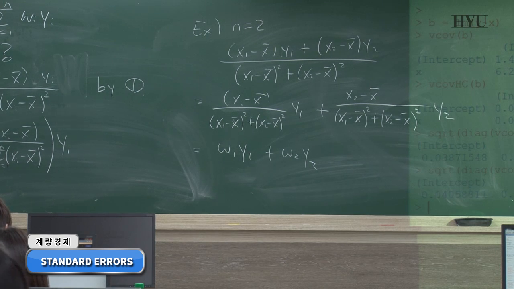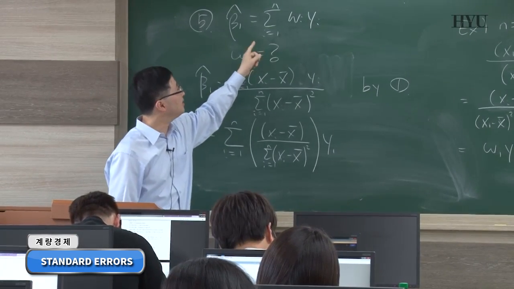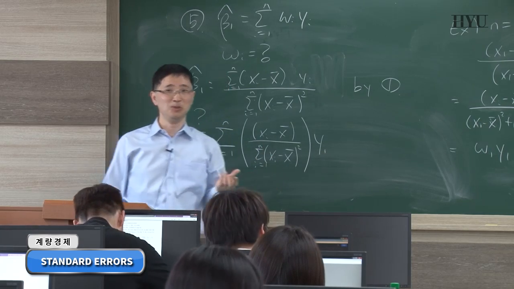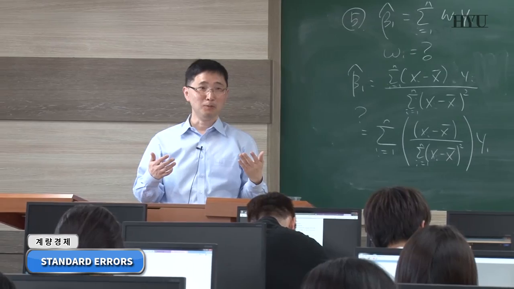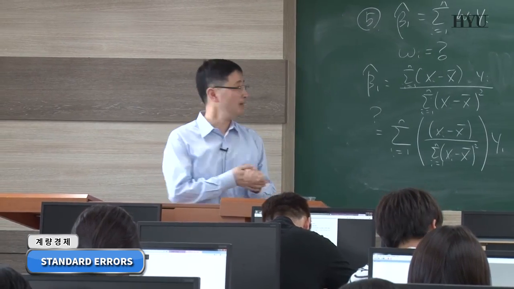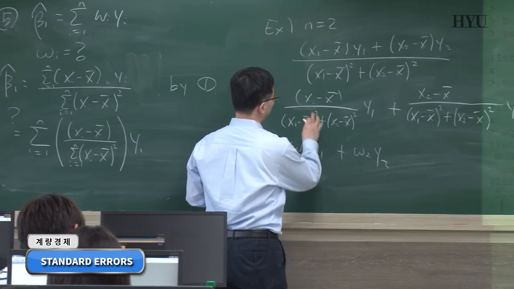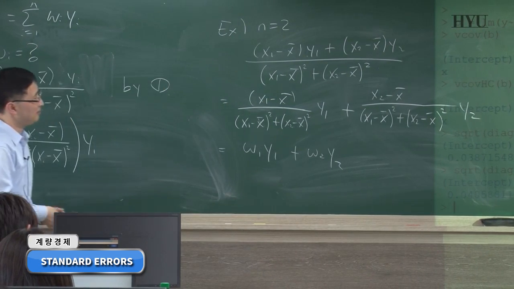So actually it's not showing anything new. It shows that beta 1 hat is a weighted mean of your dependent variable. So you take your y, you take the mean, but with different weights. The weight depends on your x's. By the way, the weights sum to 1.